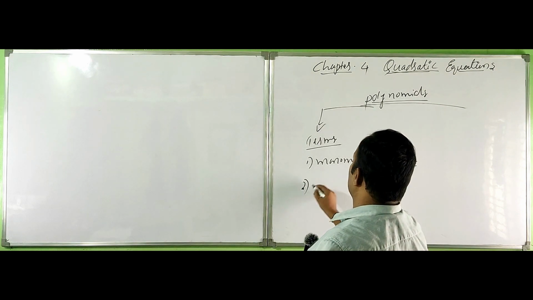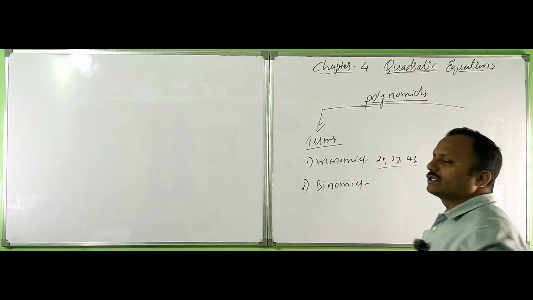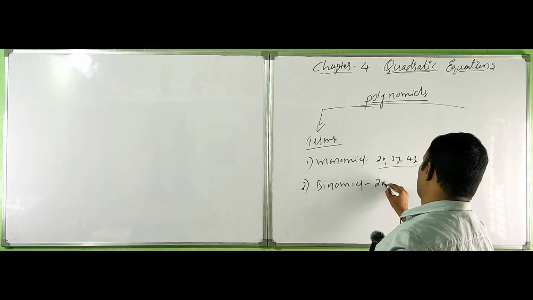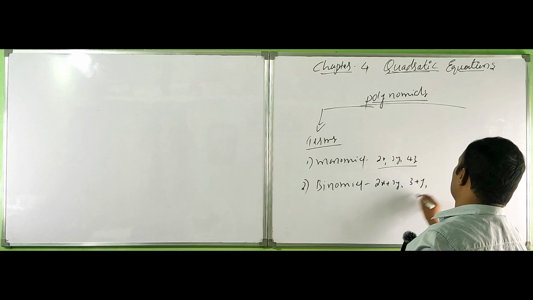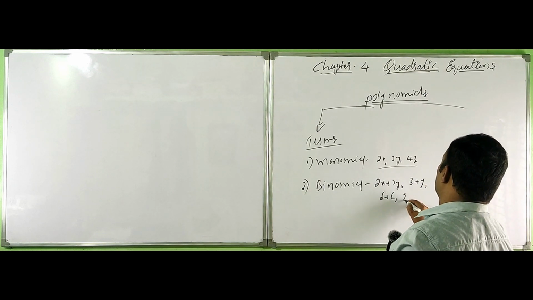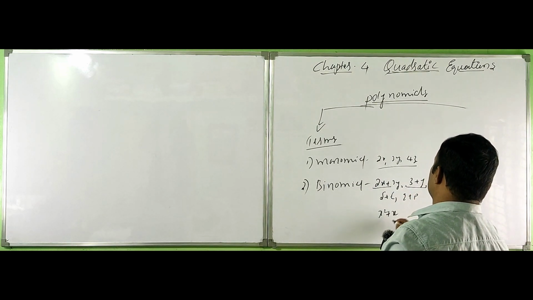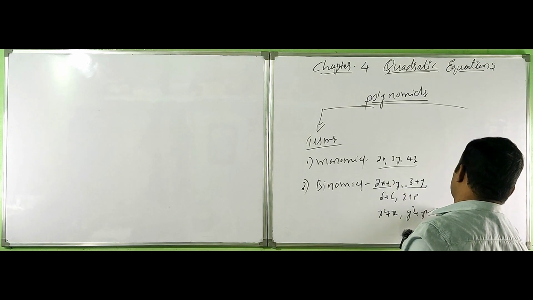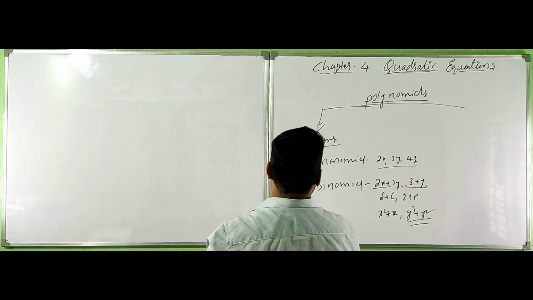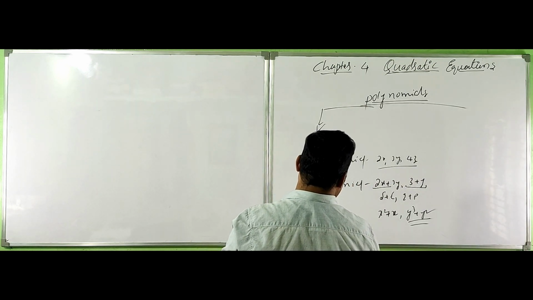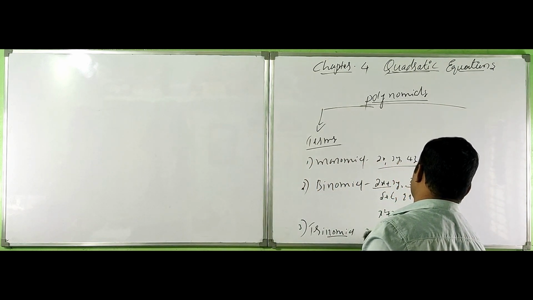Second one is binomial, which is two terms, like 2x plus 3y, z plus y, s plus t, q plus p, whatever it may be, x square plus x, y cube plus y square. Two terms. Trinomial means three terms, like x plus y plus z.